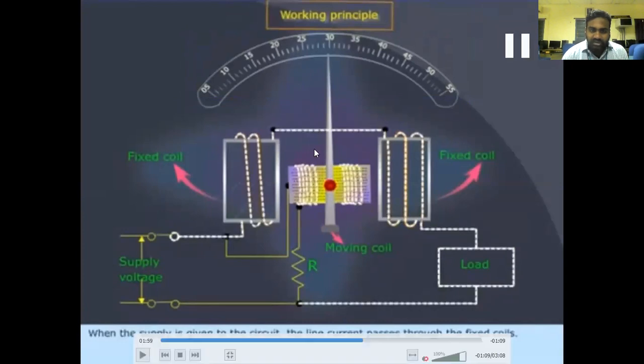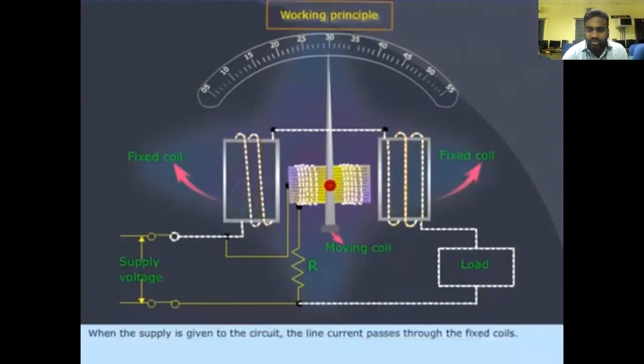Whenever the supply voltage is given, the supply is going in a line. The dotted line indicates the flow of the supply current. The supply current is flowing through the fixed coil and moving to the load.